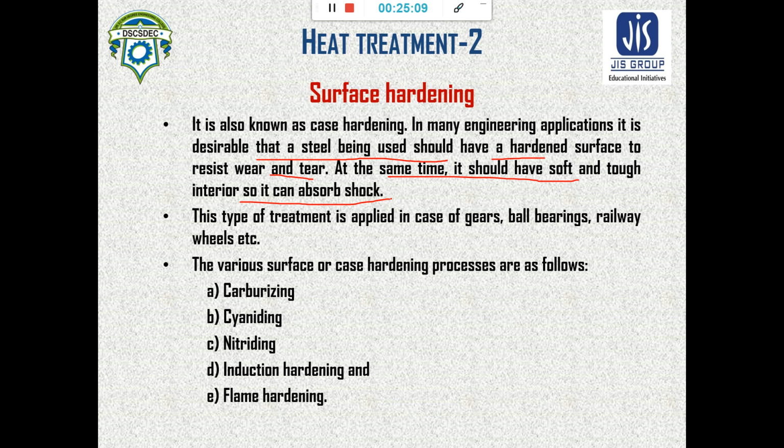The microstructural change will be only at the wall of the workpiece, and in the interior the workpiece will be the same. So this is the process of surface hardening.